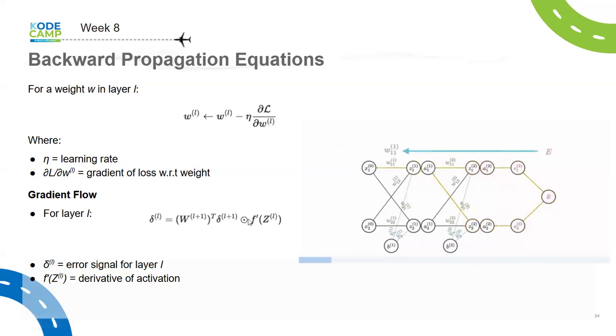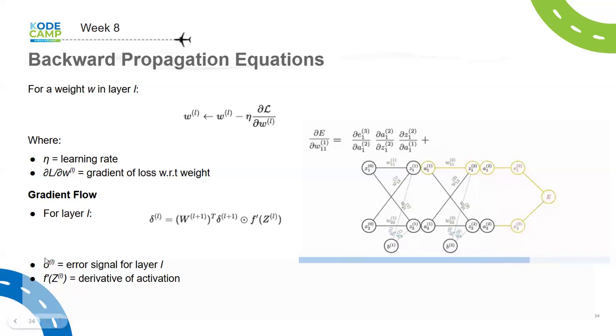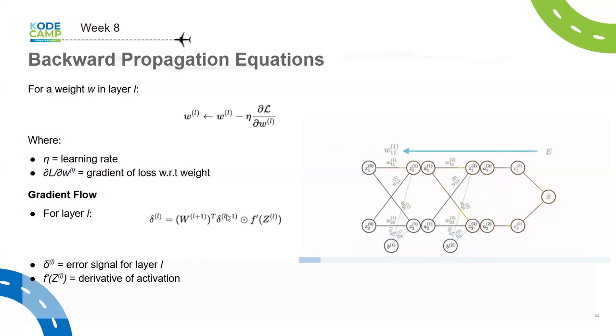And this is kind of a summary of that. It's just saying the gradient flow for each layer L, right? The weight of the layer ahead of this current layer, transpose it times the error. So we're now using this symbol, this is delta, right? The delta symbol for the error.